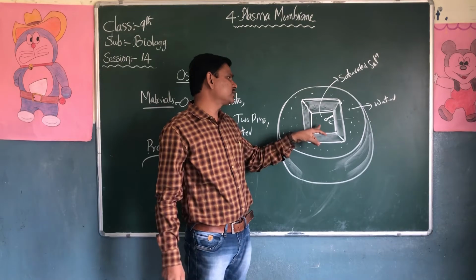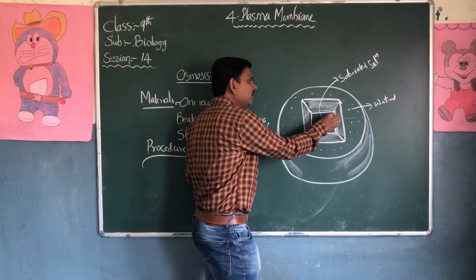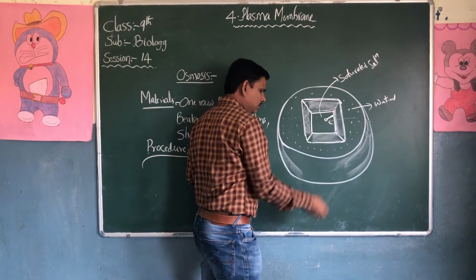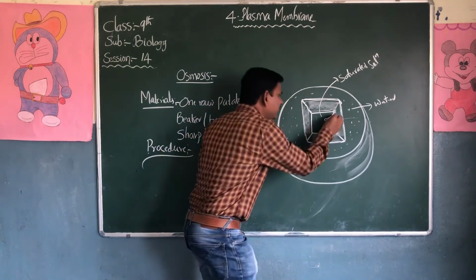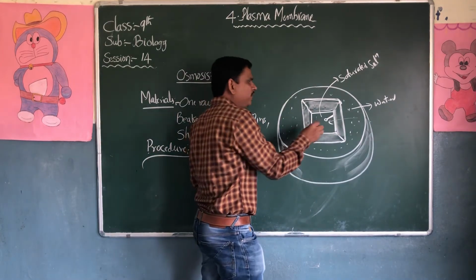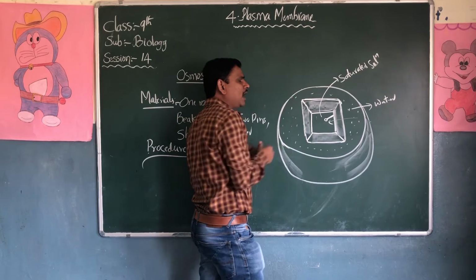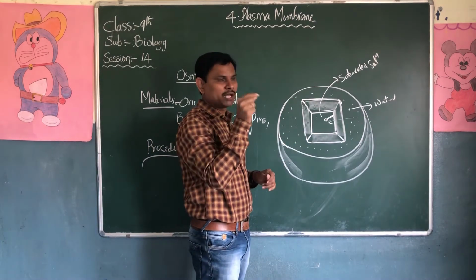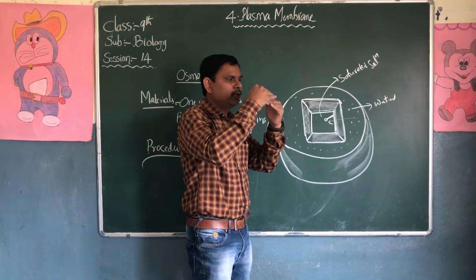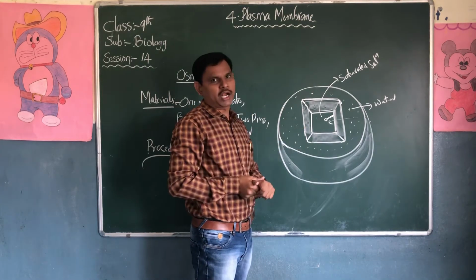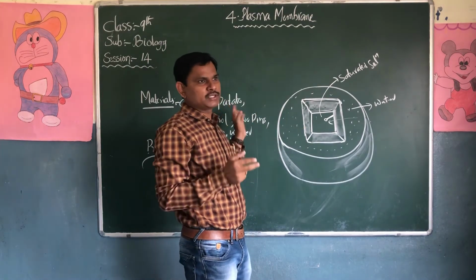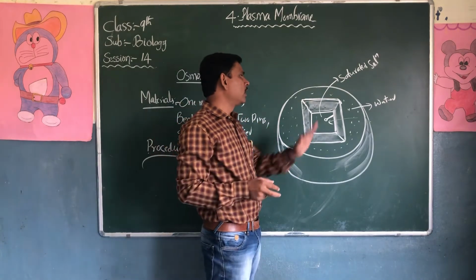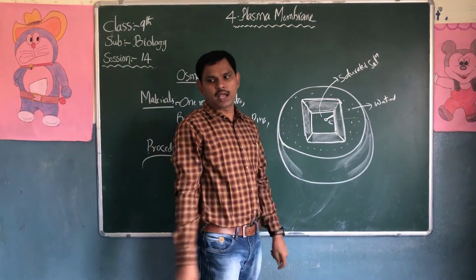Due to this, the water level in the potato starts increasing. We put a mark there with the pins, and the water level has increased in the potato. So it is true that in osmosis, water always moves from low concentration to high concentration.